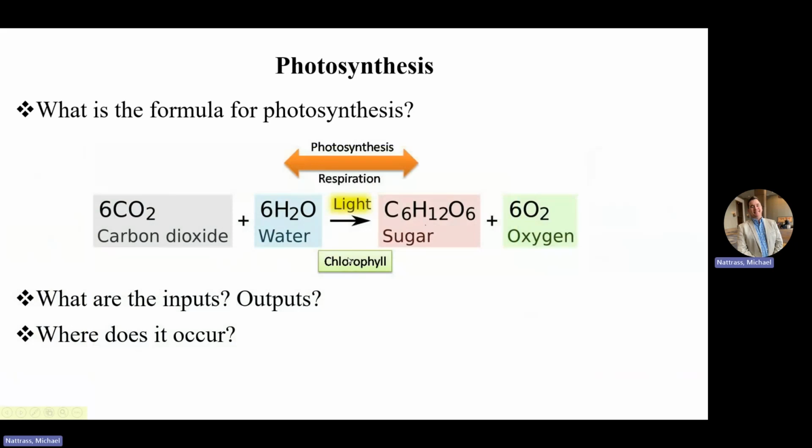We need chlorophyll in order to create this glucose molecule. So the thought process is, what are the inputs? What are the outputs? The input is we need chlorophyll, and the outputs are going to be sugar, and finally oxygen is expelled through the stoma and added back to the atmosphere.